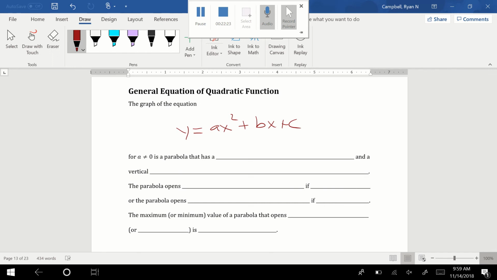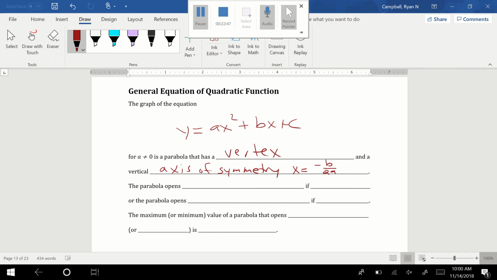So what we can do instead is that we know that we have a vertex. I'm actually going to skip the vertex for a second. Our axis of symmetry is actually going to be at x equals negative b over 2a.